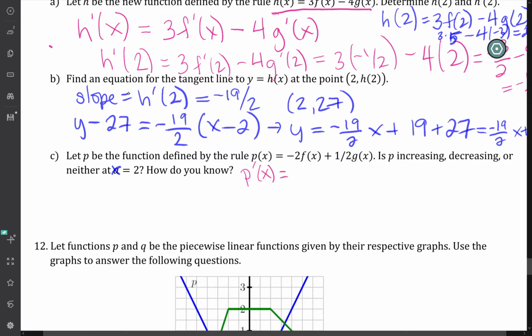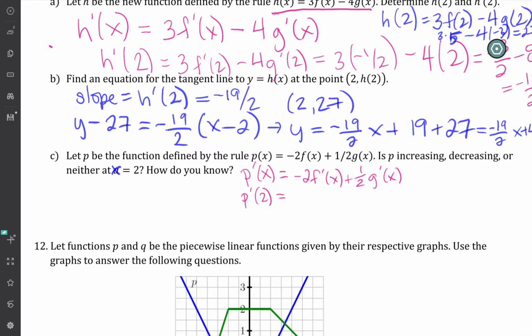So first find the formula: negative 2f prime of x plus 1/2 g prime of x. Maybe I should explain my thinking there. If we want to know if it's increasing, decreasing, or neither, we need to know if the derivative is positive, negative, or 0. So that's what I'm working on right now.